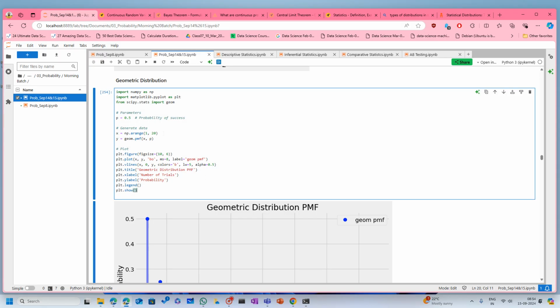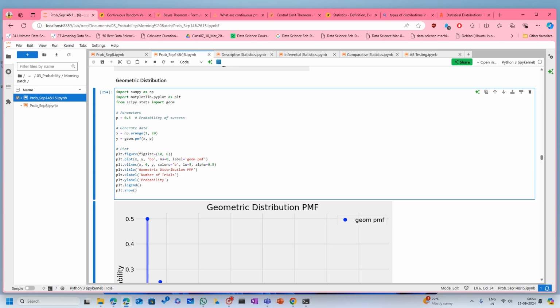Again, looking at the geometric distribution, in geometric distribution we calculate how many times there are chances of you getting a failure before you get the success. Let's just say you toss the coin, first you got tail, second time tail, third time tail, fourth time maybe you got head.